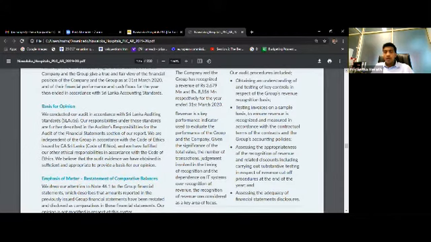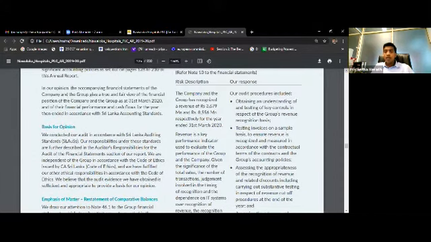And they say how they check this also. Here, our audit procedures include obtaining an understanding of and testing key controls in respect of group revenue recognition, right? With regard to revenue, there are internal controls. They identify or understand the internal controls, and also they say testing invoices on a sample basis.